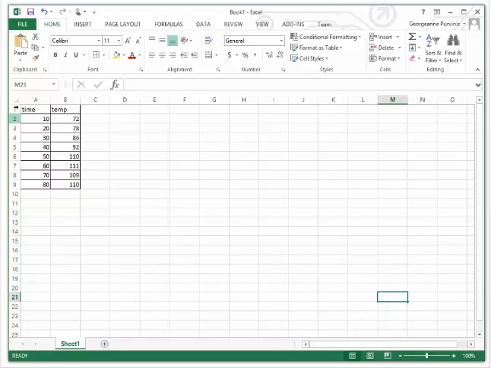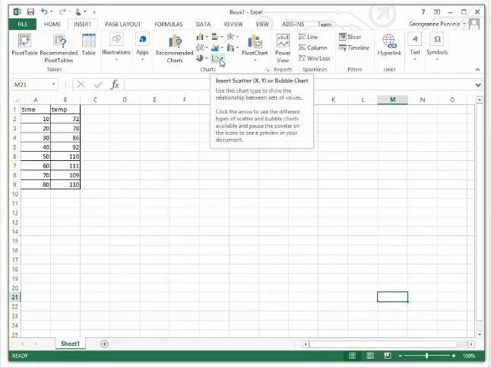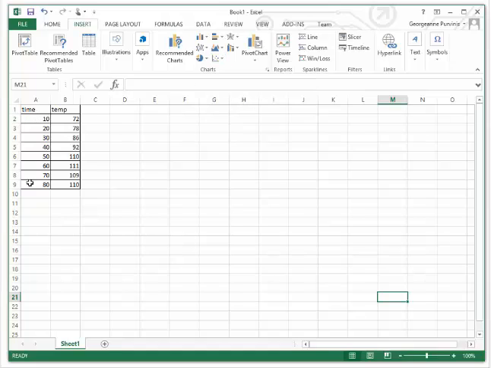So anyway, I have some test data that I made up here, time and some temperature. So I can now plot it. Excel lets me plot very nicely. The one that I want to plot is called an XY scatter plot. That's the one I want because I have basically X data and Y data.